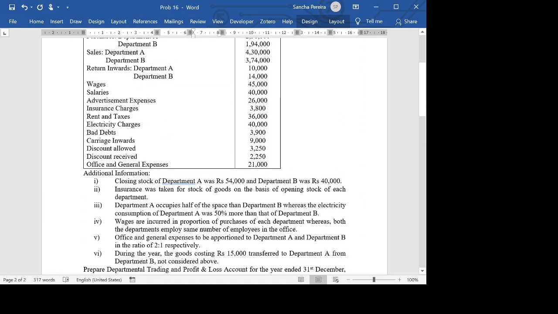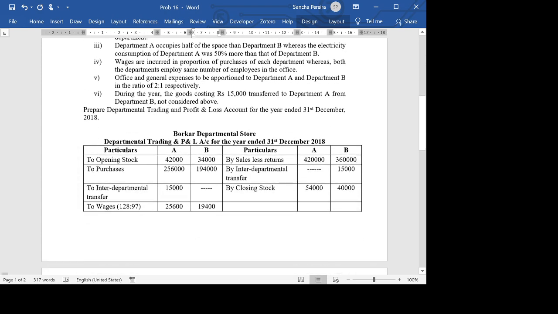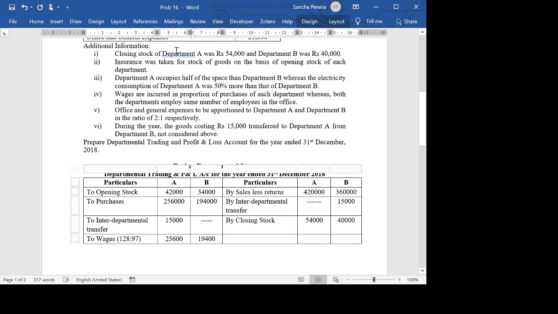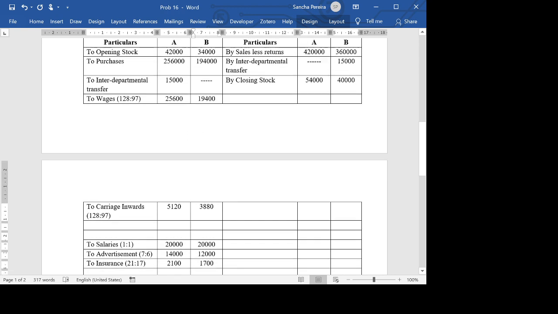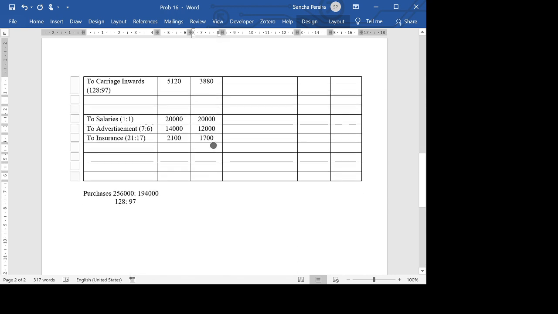Then we have rent and taxes, 36,000. Now here they've specifically given us a ratio. They've told us Department A occupies half of the space of Department B. So basically if the space occupied by Department A is 1, B's will be double of it.